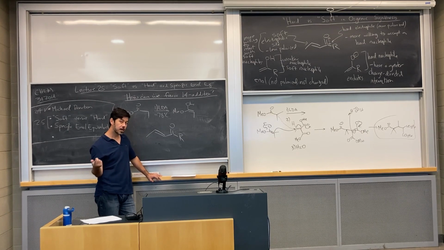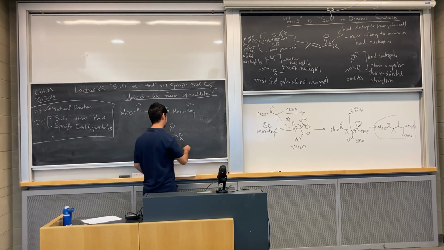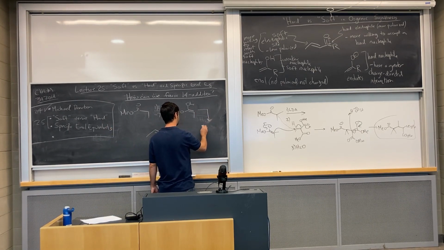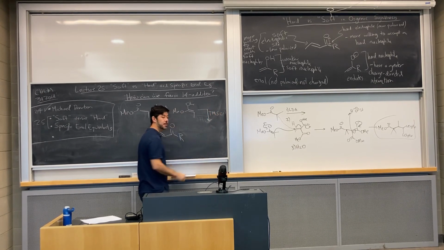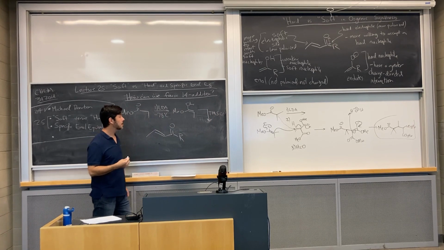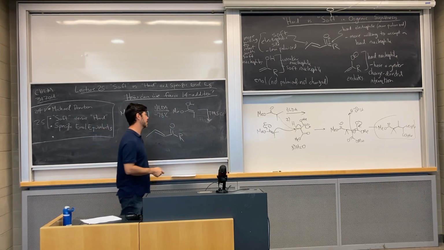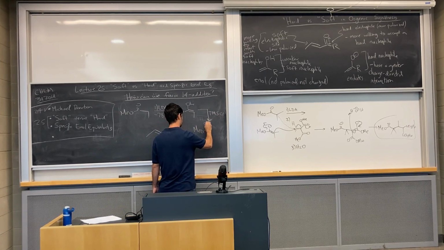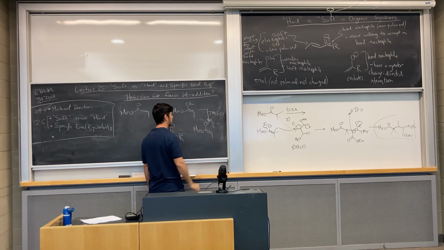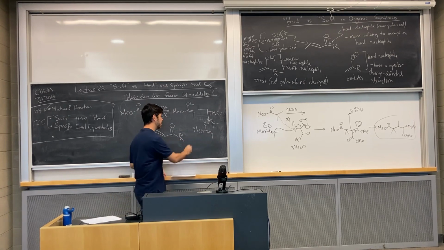So one thing that you have learned is that you can take lithium enolates and react these with TMS chloride to make something called silyl enol ethers. These are stable, they're shelf stable, and they're easier to work with. So if you treat this with TMS chloride, you'll generate your silyl enol ether.